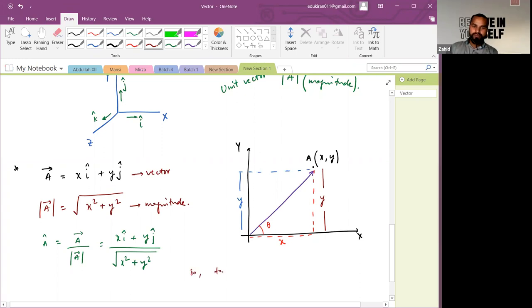So if you take tan theta, it will be perpendicular over base. From this, you will define theta of this vector with respect to the x-axis. So from any coordinate system, we may define these 4 different parameters related to that.